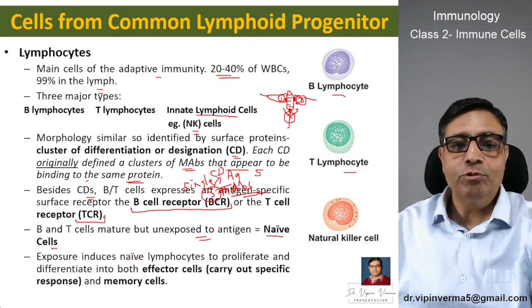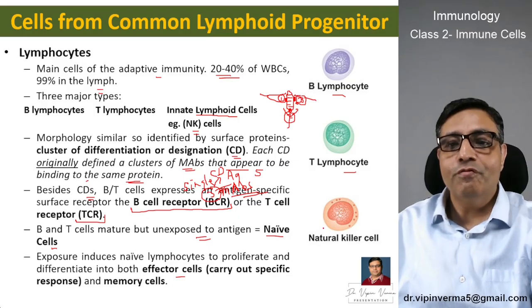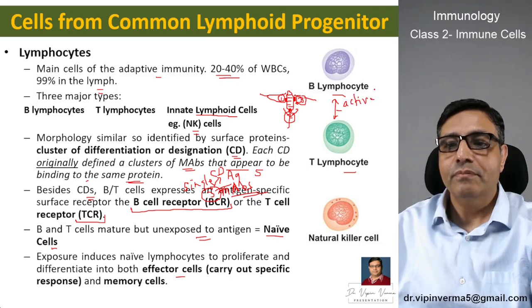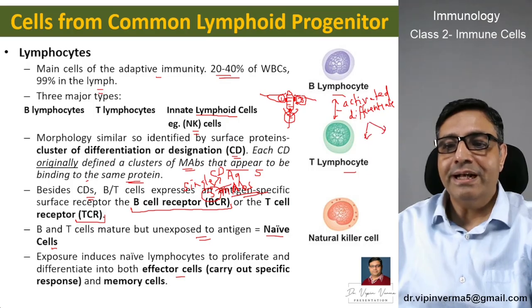Exposure induces naive lymphocytes to proliferate and differentiate into both effector cells, which carry out the specific response, and memory cells. So whenever B and T lymphocytes get activated, they differentiate to form effector cells and memory cells.